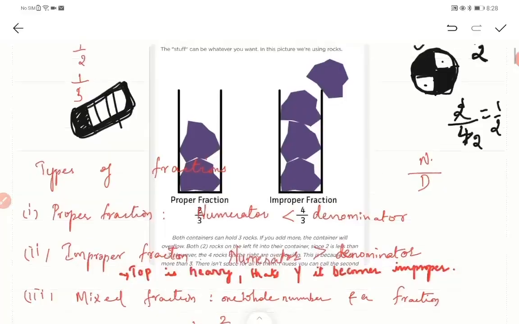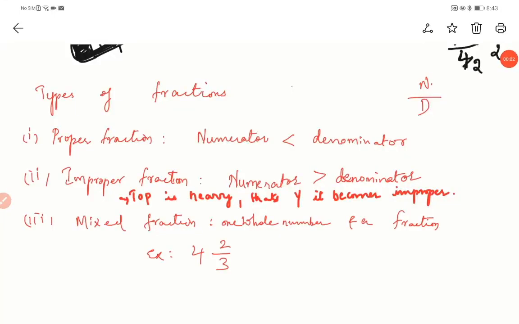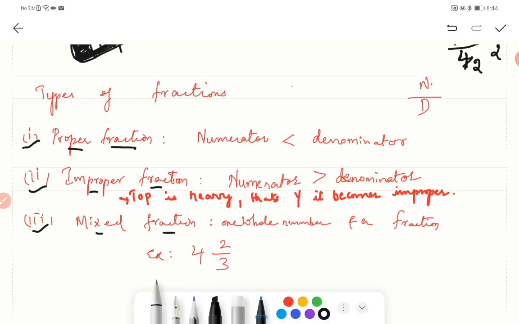So you have three types of fractions: proper fraction, improper fraction, and mixed fractions. First, what is a proper fraction? Do you remember, students? In a proper fraction, the numerator is always less than the denominator.